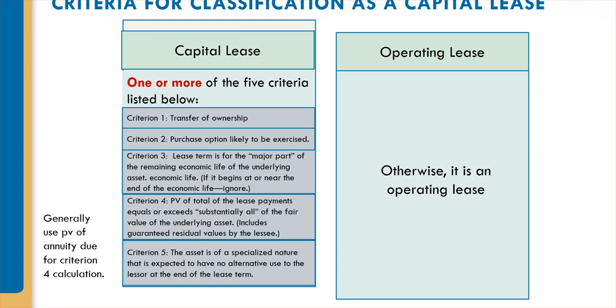If this machine was rented out and there was very little value to the machine except if it could be used for another Coca-Cola bottling plant, I guess, then you might meet criteria 5, in which case the machine itself has very little value because it's so specialized in nature.